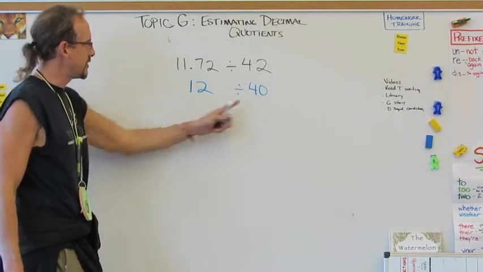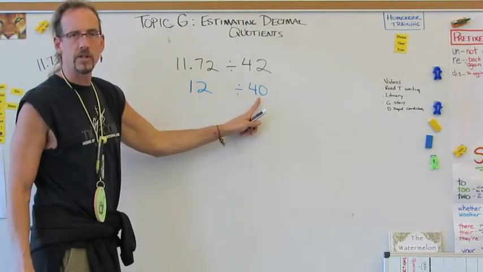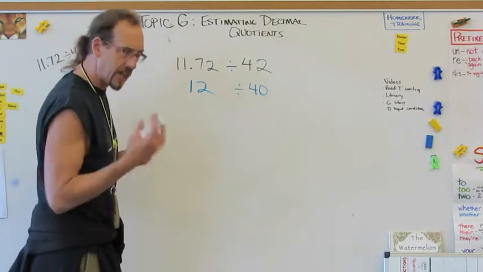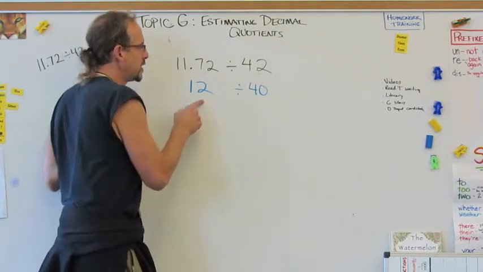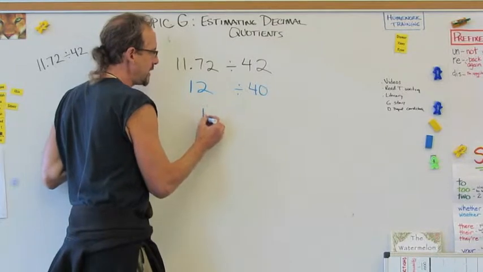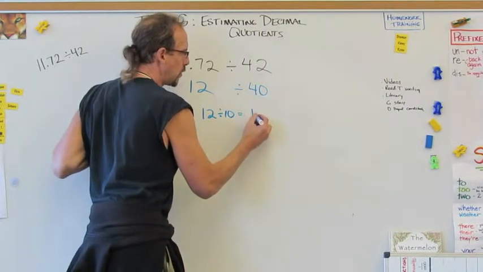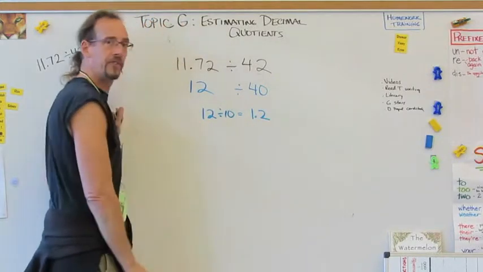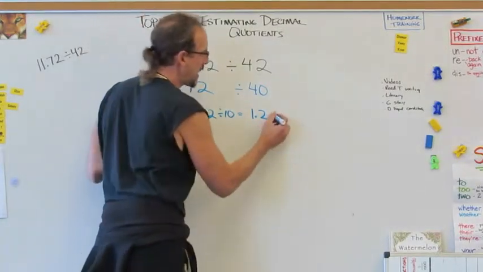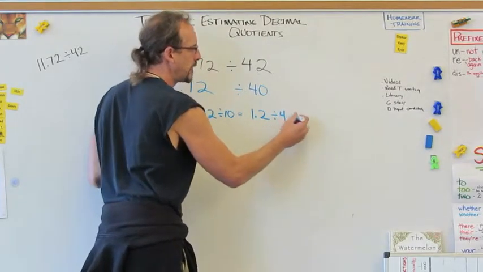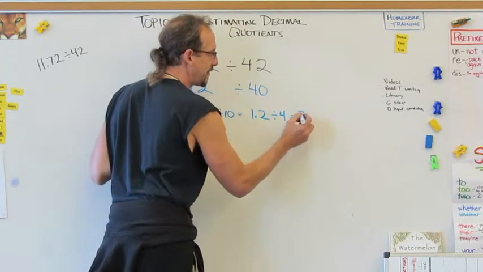Again, I can decompose this into 4 times 10, and it doesn't matter which one I start with, I just have to keep the units in mind. 12 divided by 10 would give me 12/10. And that divided by 4, 12/10 divided by 4 is 3/10.